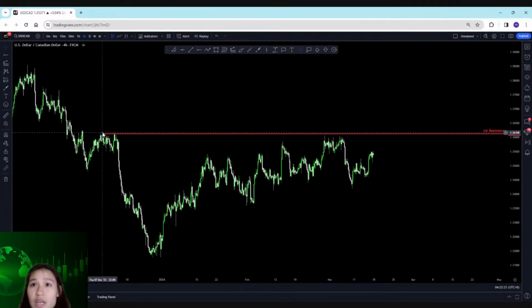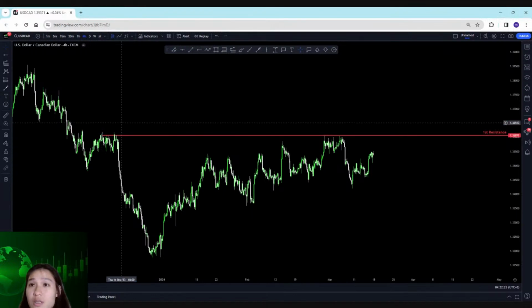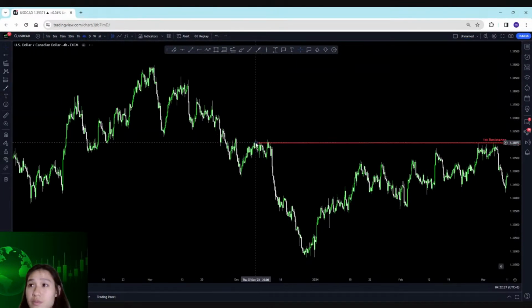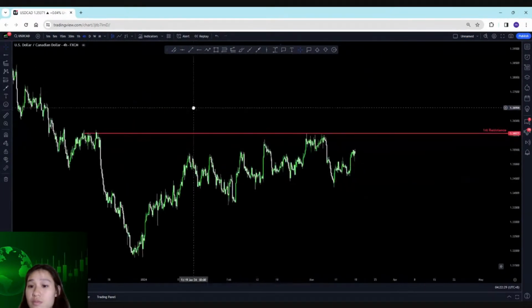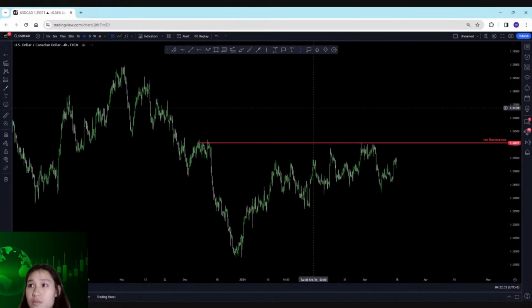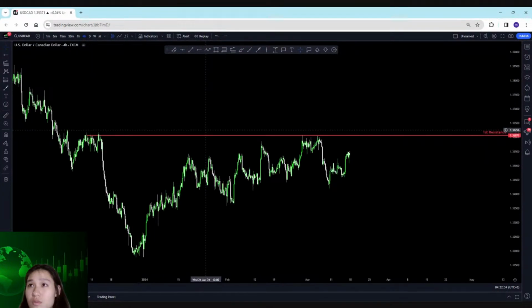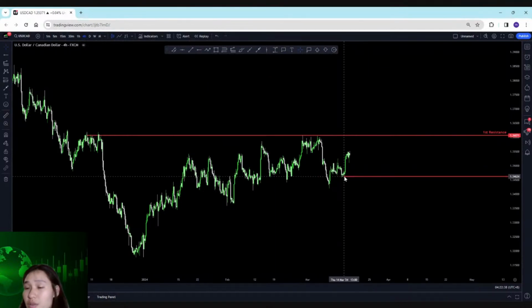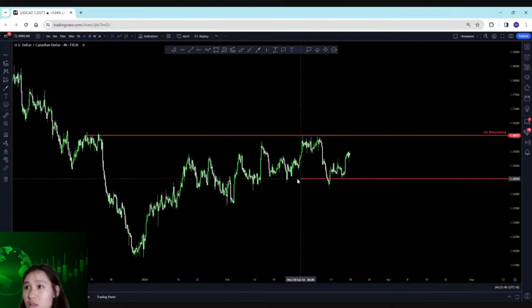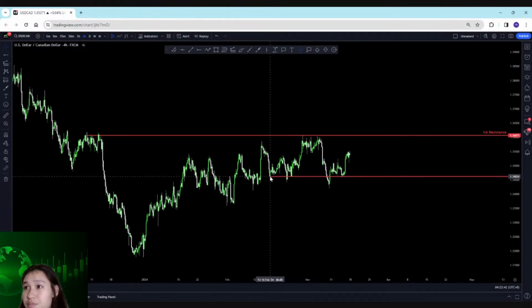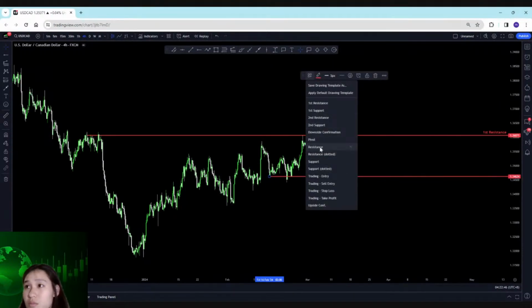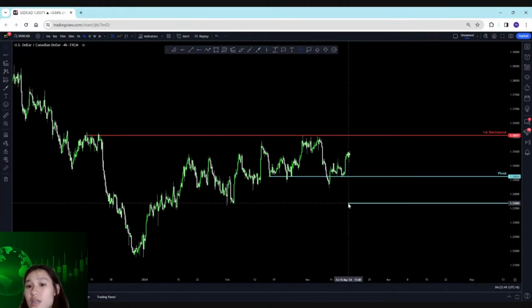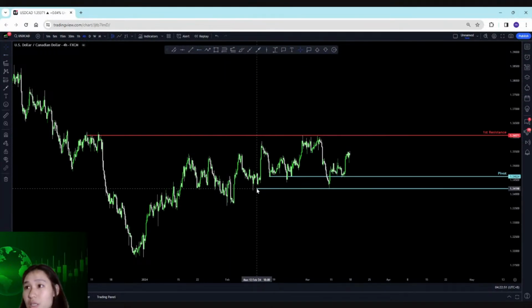You can see this is a multiple swing high resistance. Next, my pivot, I'm just going to place it over here at this swing low. And lastly, my first support, I'm just going to place it here.